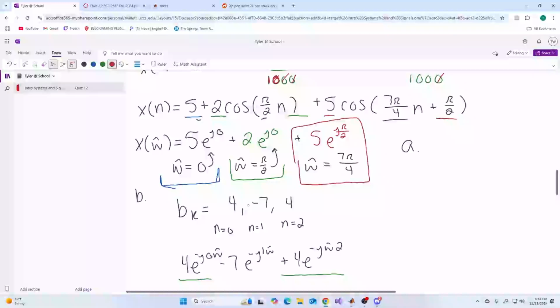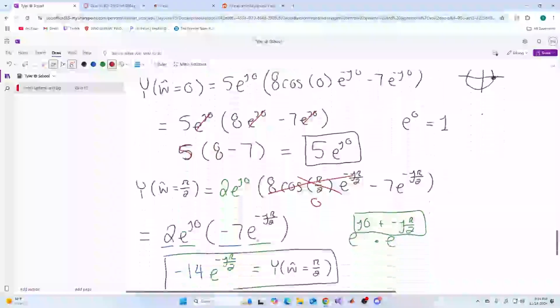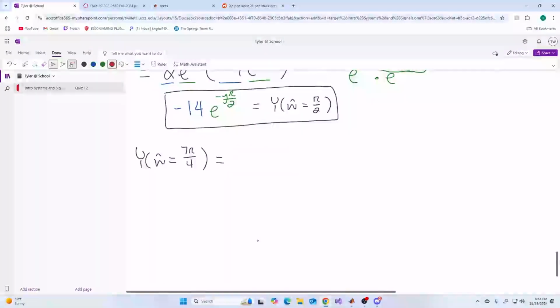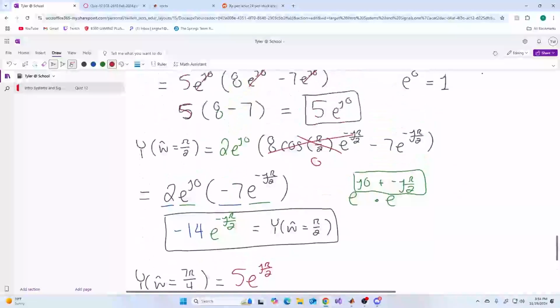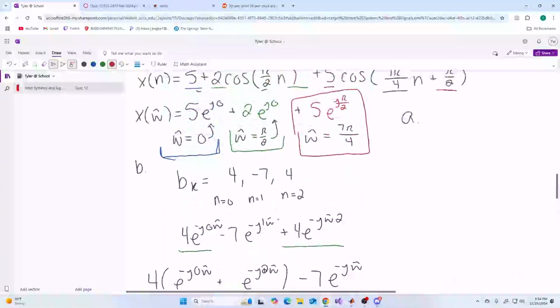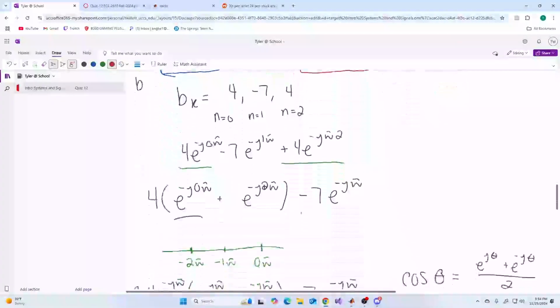So I'm going to take that 5e to the power of j pi divided by 2 and bring that down. So we said 5e to the j pi divided by 2. Let me double check that. I just want to double check so we don't mess up. Yep, 5e to the j pi divided by 2.